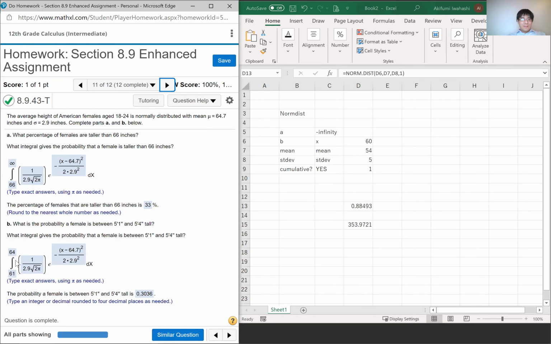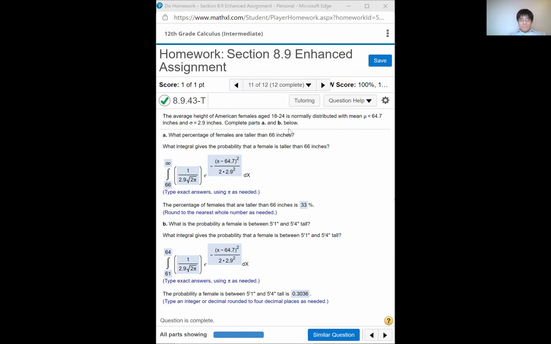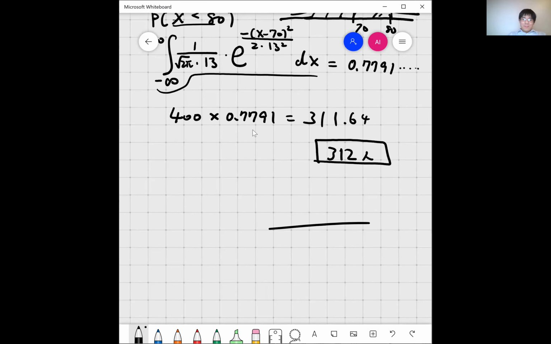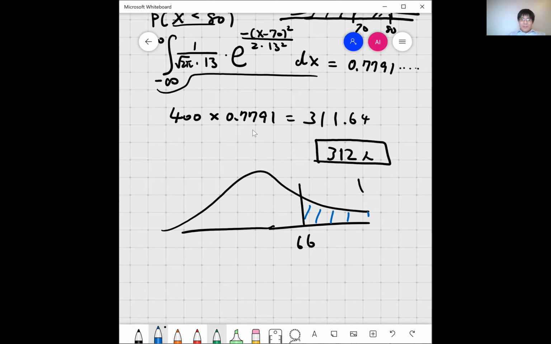If you need to find a different one, like 66 to infinity, then you can do it like this. Remember, the probability density function has a total area of 1. If the question is asking for this part, the spreadsheet only calculates from negative infinity to x.